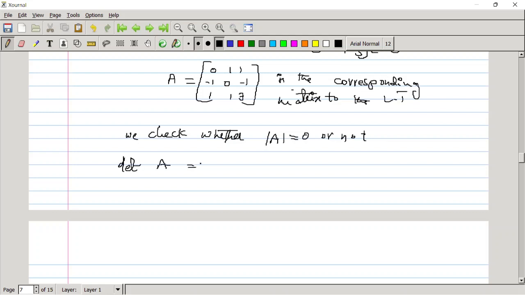Determinant of A is nothing but, here the first element is 0, so we don't need to calculate for this, and the second element is 1, so minus 1 times the determinant of this matrix, 0 minus 1, 1 3, plus 1 times minus 3.